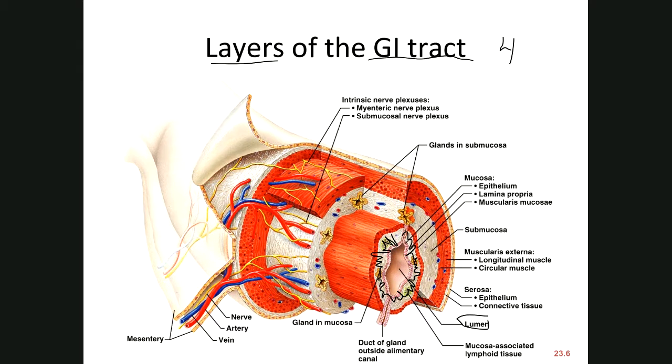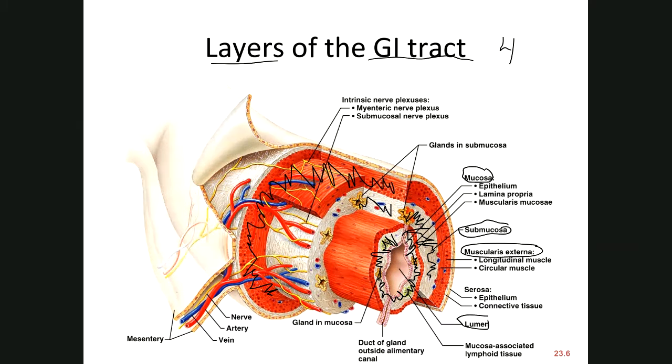And then there's a layer a little bit further out from that, which is made out of thick, dense connective tissue. That's the submucosa. And then if you come even further out, you wind up with smooth muscle. And the smooth muscle is going to help move things through this tube. That's called the muscularis externa.